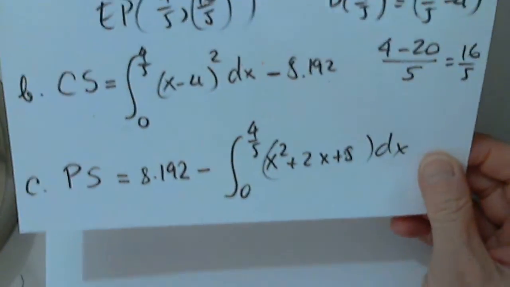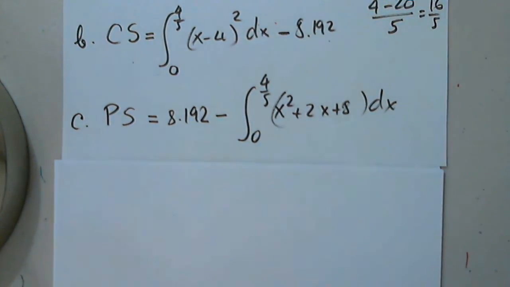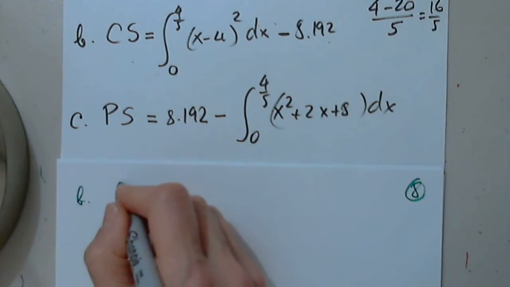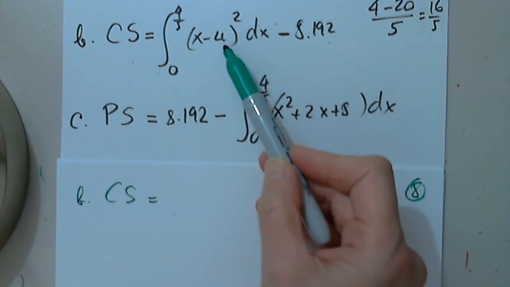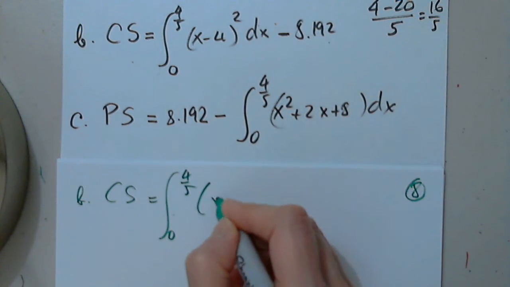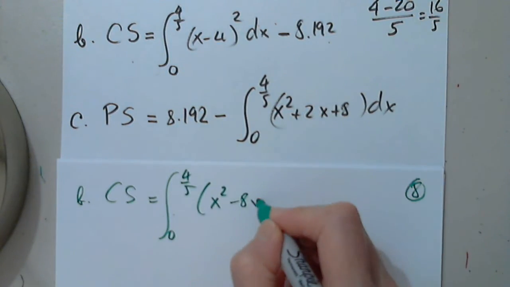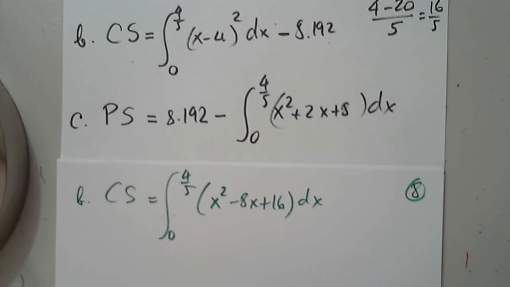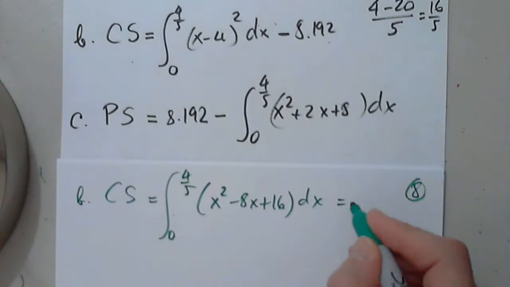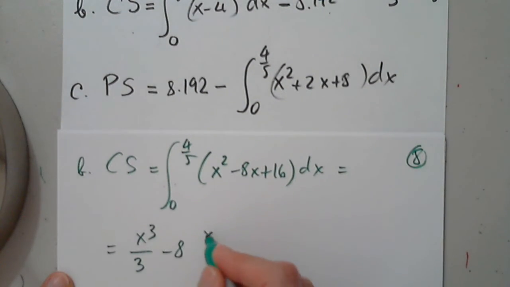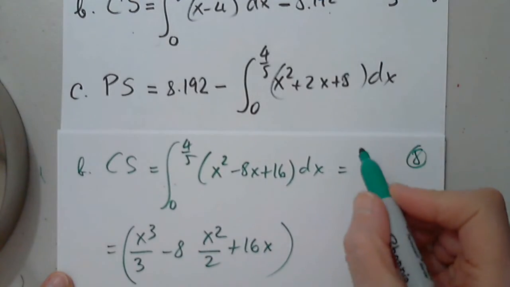So now let's go back to part B and determine the consumer surplus. I will expand this as, again, x squared minus 8x plus 16 dx. And then I have x to the third over 3 minus 8 x squared over 2 plus 16x.